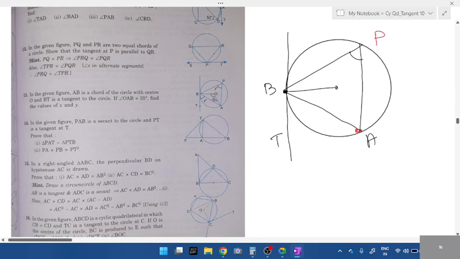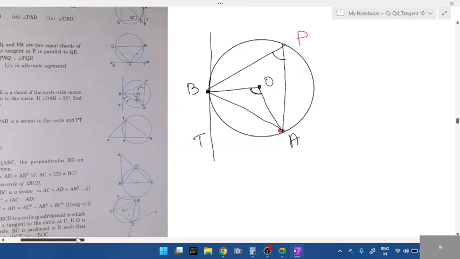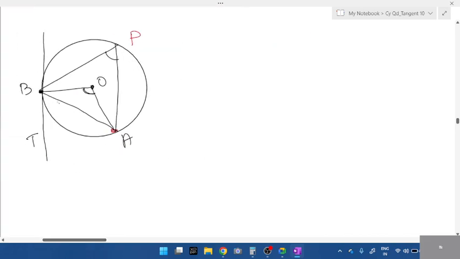The most important part is this 35 degrees. For the 35 degree, where is the angle, student? Isn't it in the center? What's the arc for the center? BA is the arc. Very good. You can write angle AOB, center, is equal to what? Twice the circumference angle on the same arc, APB.